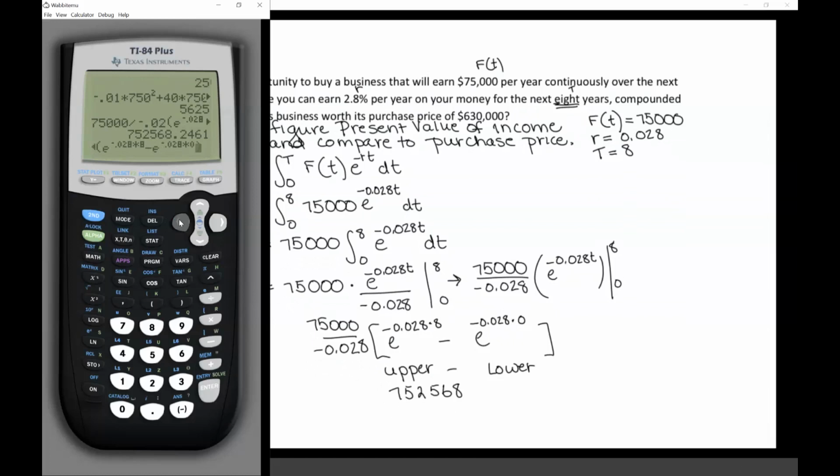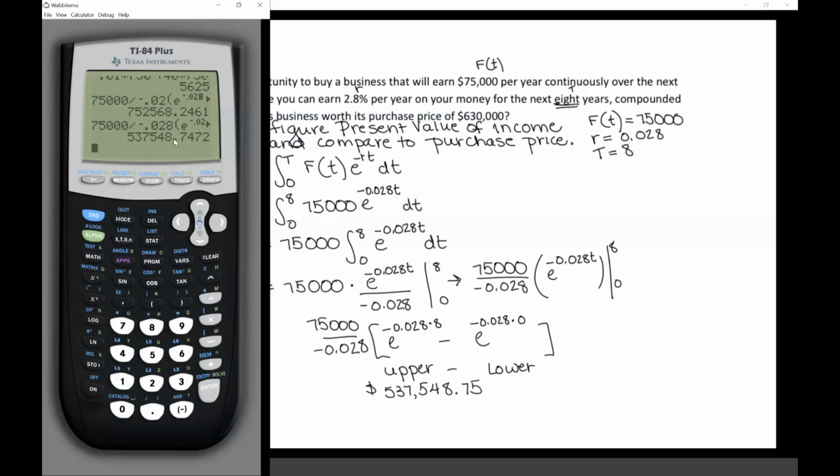Go back and get that 8 outside, it's not 0.02, it's 0.028. Okay, so now I have a value of 537,548. And since this is a money amount, I'll make it $537,548.